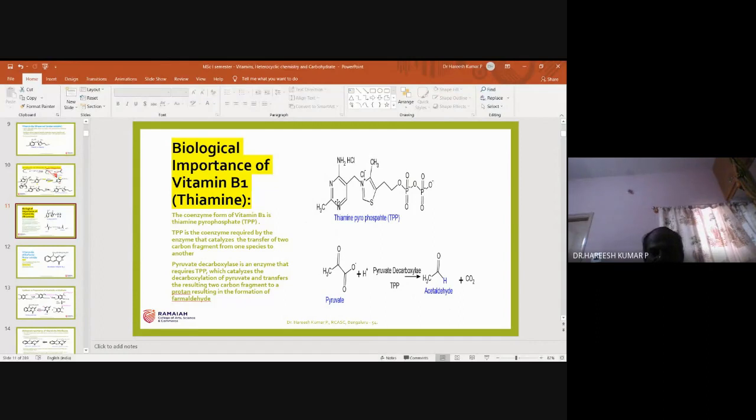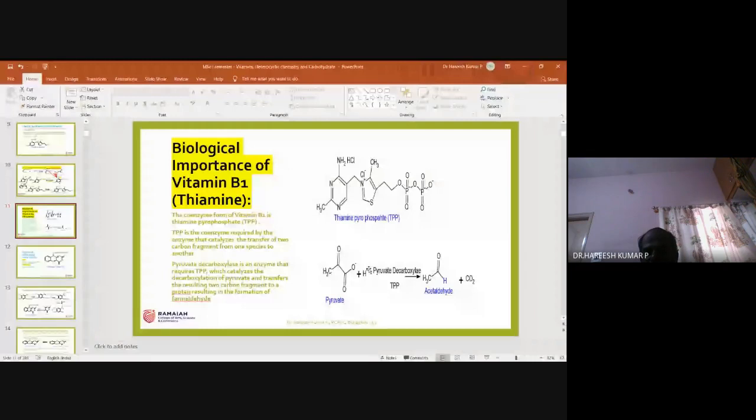At that time you should be able to write this explanation: thiamine pyrophosphate is a coenzyme required by the enzyme pyruvate decarboxylase, which transfers a two carbon unit to the substrate.